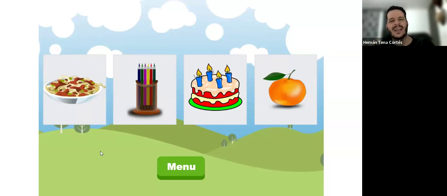What can we do with pictures 1, 3, and 4? What can we do with these things? We can eat those things, right? Can we eat pencils and pens? No, we can't eat them.